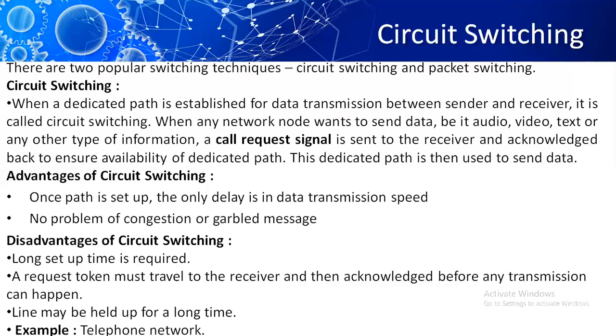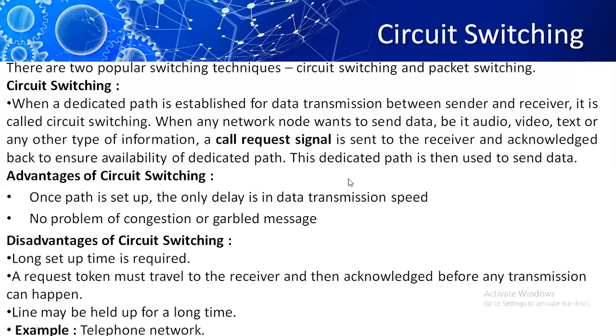The receiver also acknowledges the request signal to make the data transmission. Similarly, the dedicated connection creates a busy line between the sender and receiver, so we have to wait for some time to make another transmission between them until the busy line becomes free.